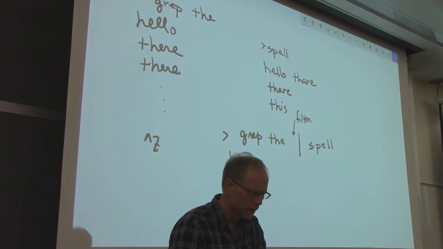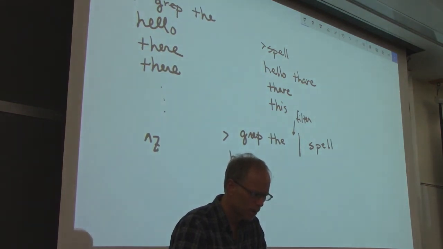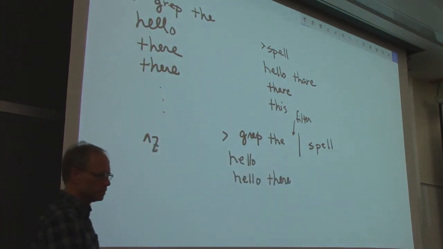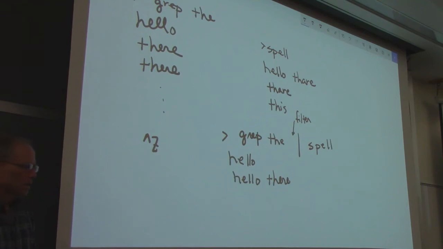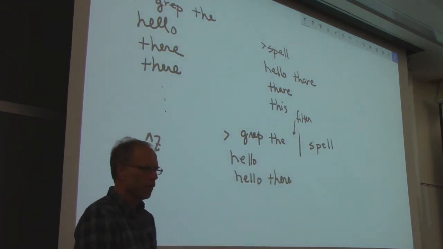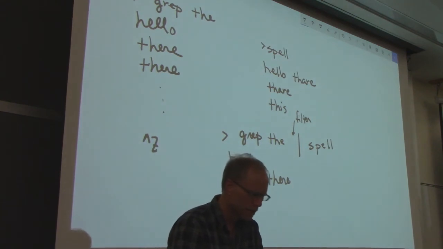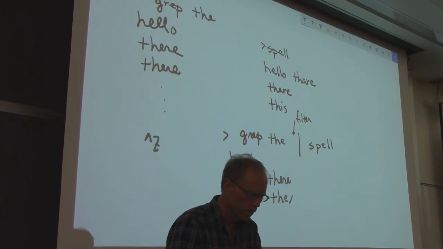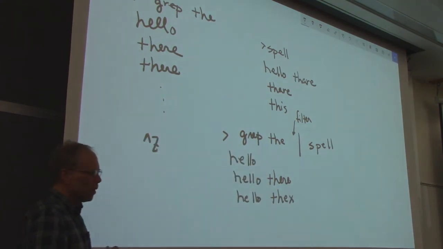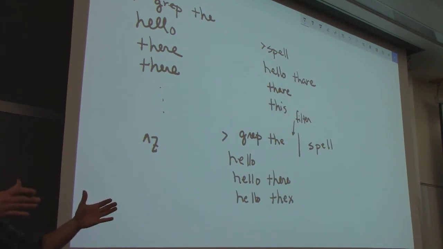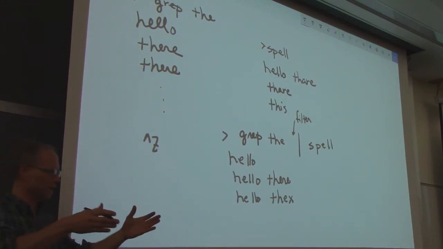Now, what if I say hello there? Again, grep will output there, but there is spelled right. But if I do something like this, hello vex, grep will output a line containing hello vex, because it's passing through lines that contain the.